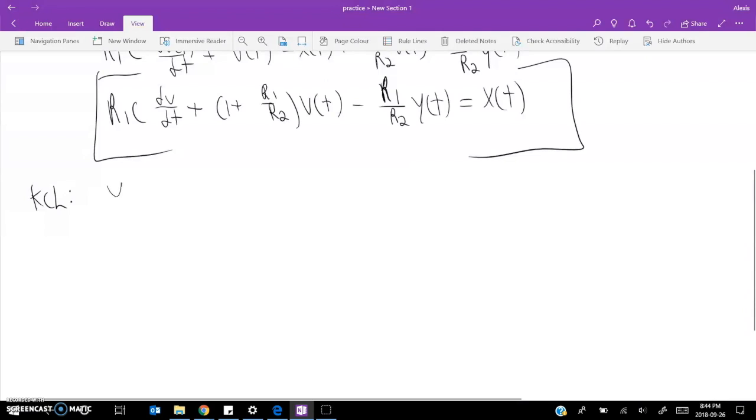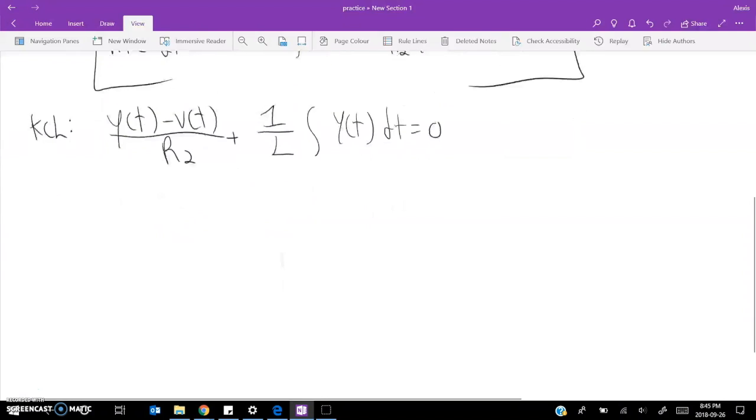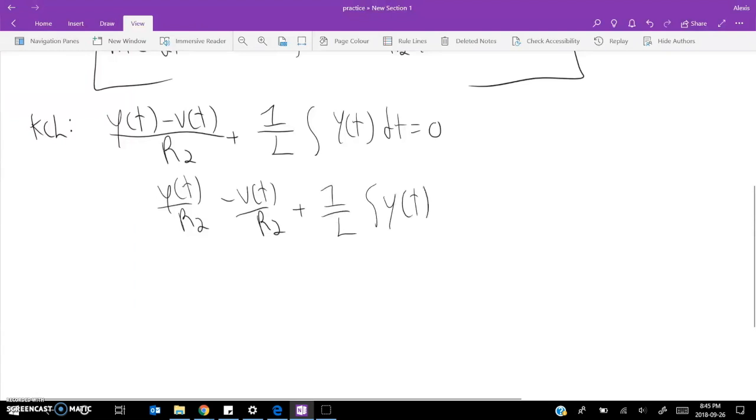So our equation is going to be Y of t minus V of t divided by R2 plus 1 over L, and we're going to take the indefinite integral of Y of t dt. So we are going to obtain the current through the inductor by this equation, and then following this we can separate this equation into Y of t divided by R2 minus V of t divided by R2 plus our indefinite integral. And all of this equates to 0 once again.